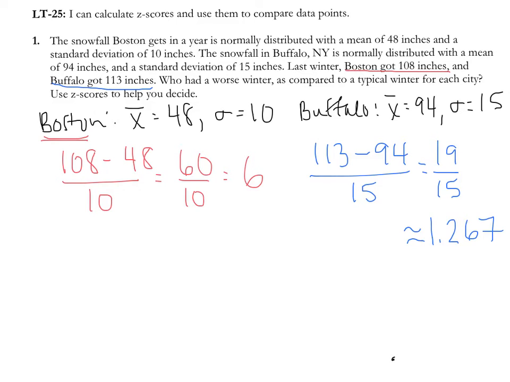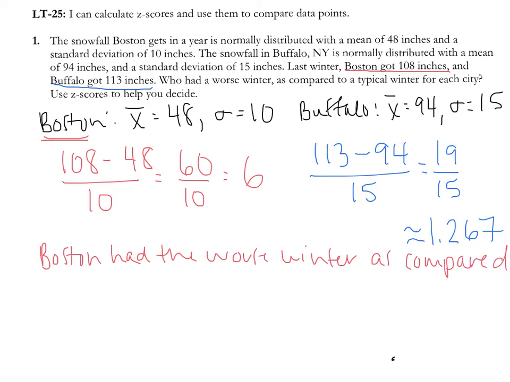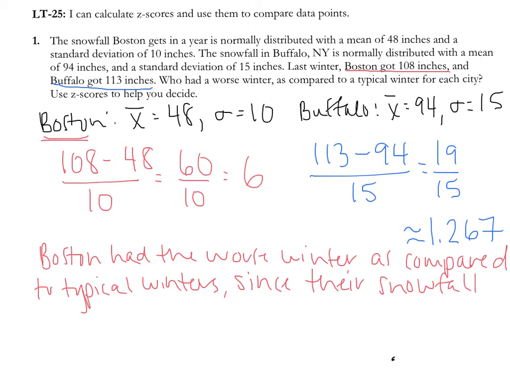Therefore, we can say that Boston had the worst winter as compared to typical winters, since their snowfall was 6 standard deviations above the mean.